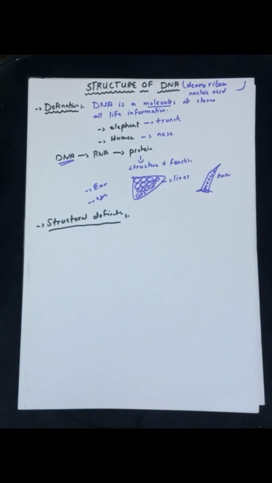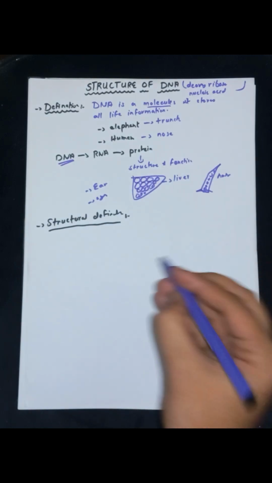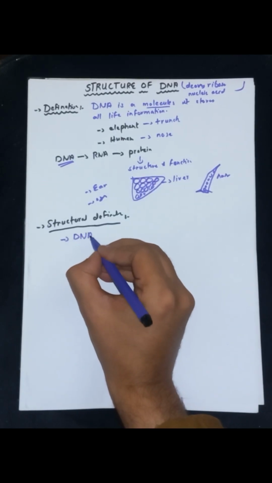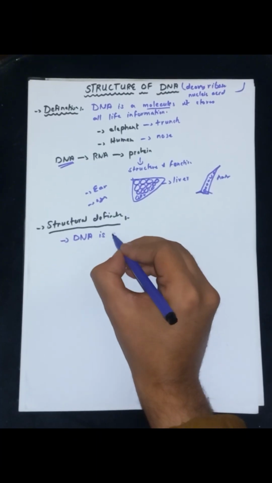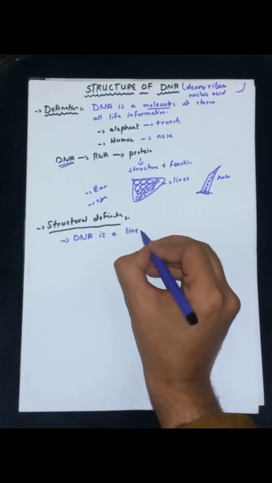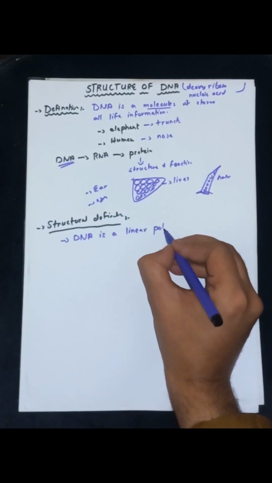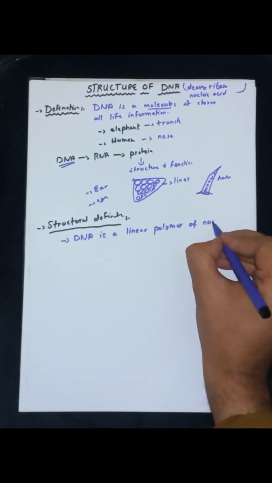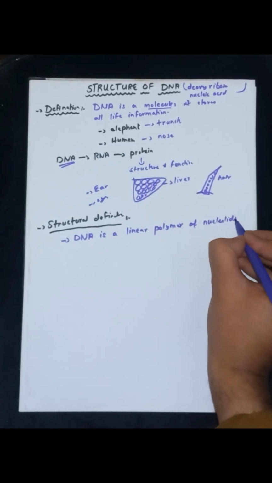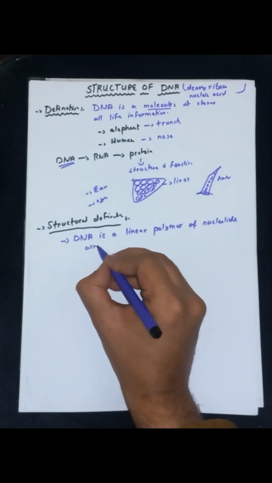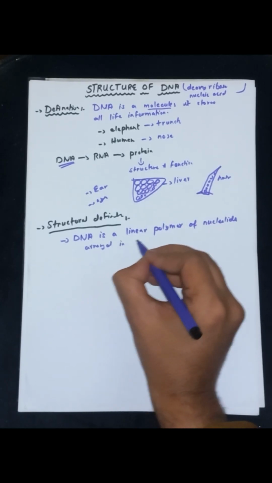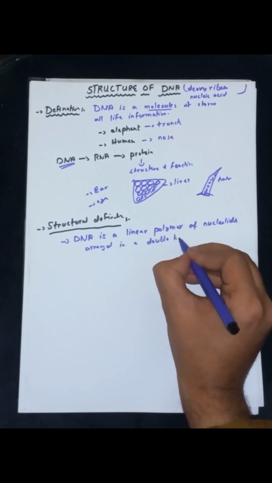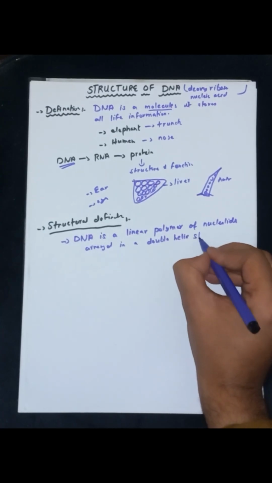Okay, so first of all, look at its structural information. Structural definition: DNA is a linear polymer of nucleotides arranged in a double helix structure.